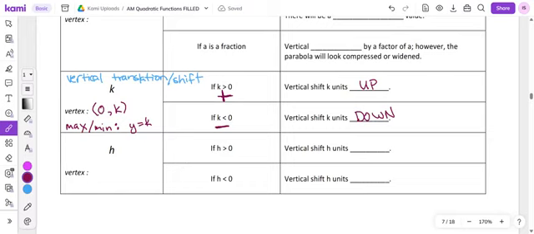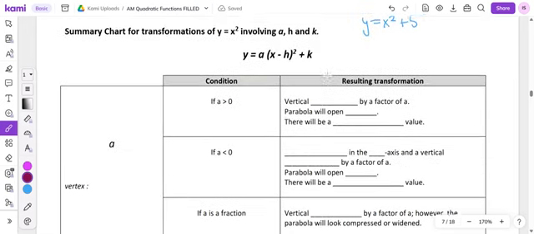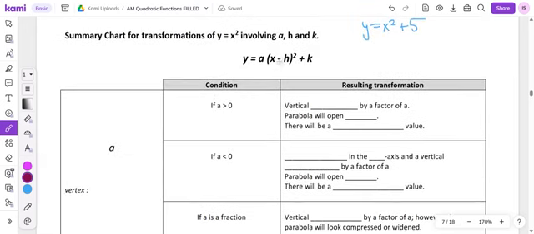Okay. So give me your y equals x squared. What does the h do? Beautiful, right? We've got the horizontal translation. Now, do you remember it looks, so you can put your parabolas down. This one is tricky because remember that the equation has a minus inside the bracket. So that minus is not part of the h.